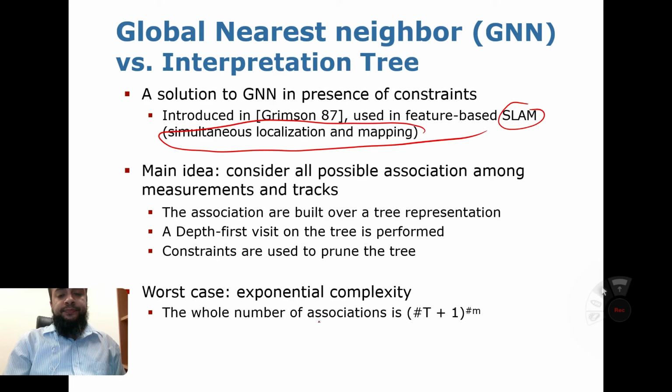If you want to calculate the whole number of associations, it is equal to the number of tracks plus 1, to the power of the number of measurements. For example, there are 8 measurements and 2 tracks.